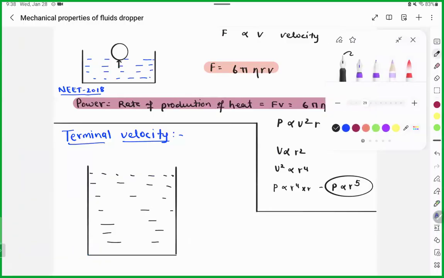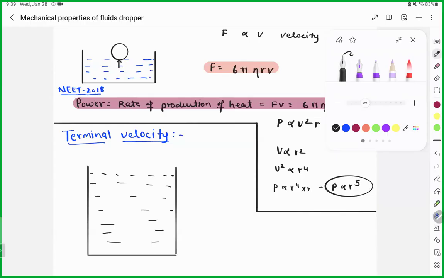Yes, exactly. Example, if you fall from the building in water, remember, here we are talking about the viscous force. So viscous force acts in the fluid. If you fall in water, what will happen? Initially, you are falling down, and in downward direction there will be gravity, and in upward direction there will be the role of the fluid. It will try to push you upward, and downward gravity.